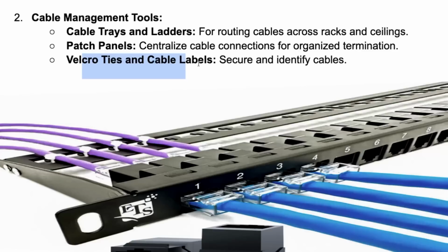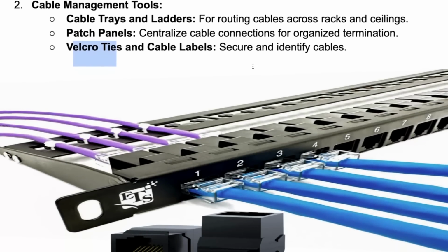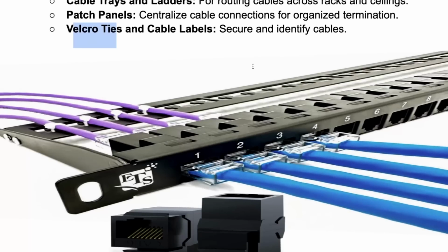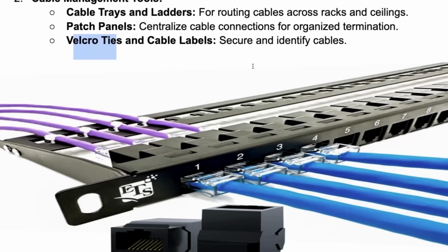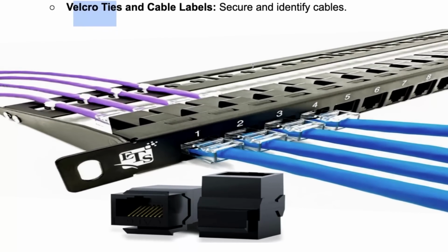And then you have the Velcro ties and cable labels and all of that stuff that helps you organize and know what you're looking at when you go through troubleshooting, and identify which segments of the network you're looking at. So they secure and identify cables. Velcro ties are for security, and cable labels identify the cables. Now what we're looking at over here is a cable tray that allows you to, I think this is a patch panel. I want to say it's like a cable tray / patch panel.